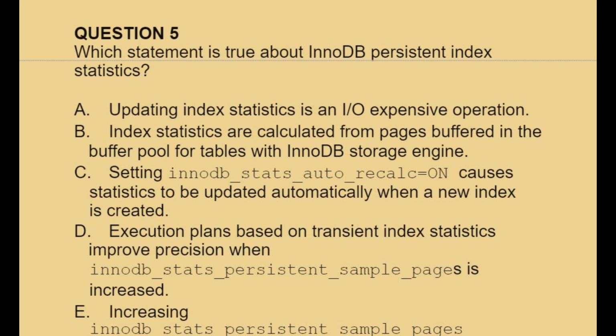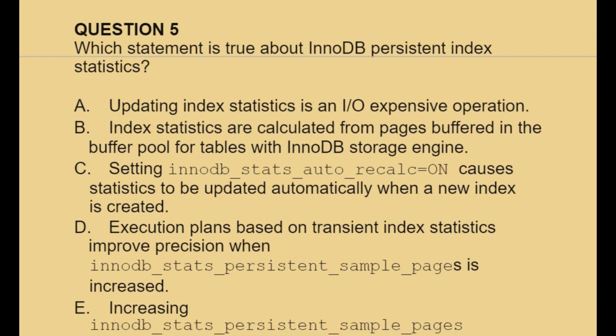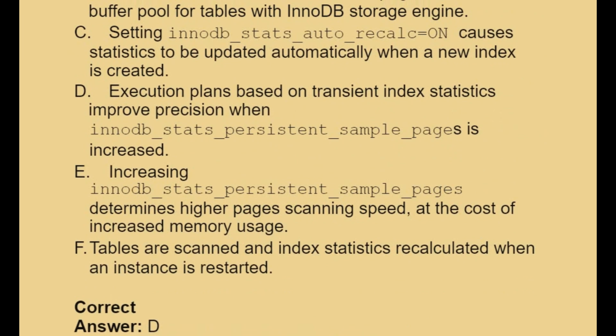Option D, execution plans based on transient index statistics improve precision when innodb_stats_persistent_sample_pages is increased. Option E, increasing innodb_stats_persistent_sample_pages determines higher pages scanning speed at the cost of increased memory uses. Option F, tables are scanned and index statistics recalculated when an instance is restarted. Correct answer is option D.